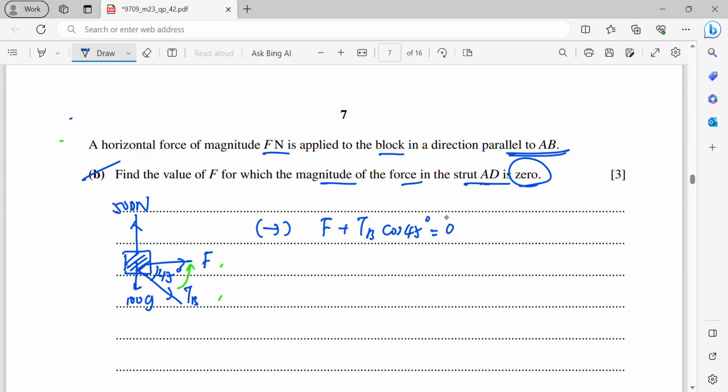Then TB cos 45 degrees equals to negative F. Now, when I resolve vertically, going up is positive, which means I will have to resolve my TB downwards, and then I will have two forces downwards and one force upwards. One force upwards means that I will get 500 equals to 100 G plus TB cos 45 degrees.